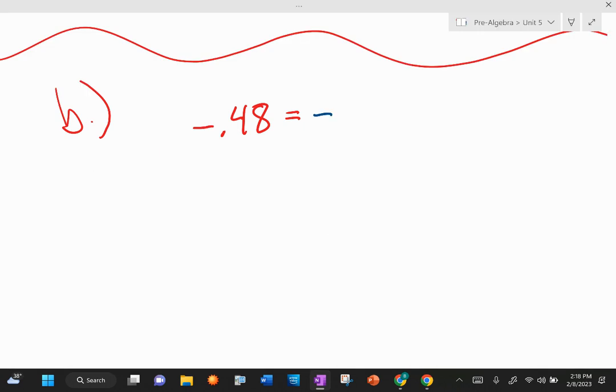Negative out in front and a fraction bar. What goes on top? 48. And this is what sort of decimal? How many places are we going? To the hundredths. So what goes on the bottom? 100.